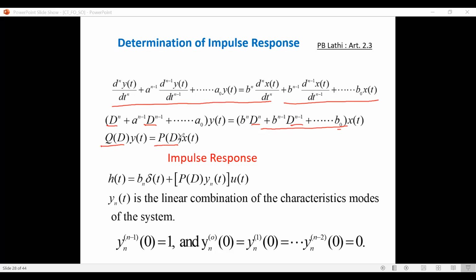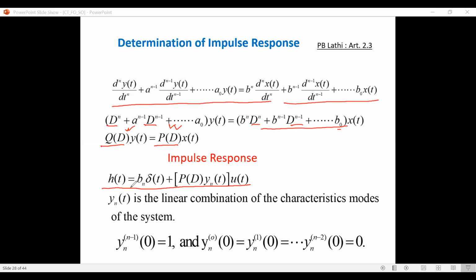Then if we have our impulse response to be determined in general, this is the technique. Both your P(D) and Q(D) will be known to us. Then our impulse response can be determined in this way. The generalized form of the impulse response of this nth order system will be s(t) equal to Bn delta(t).